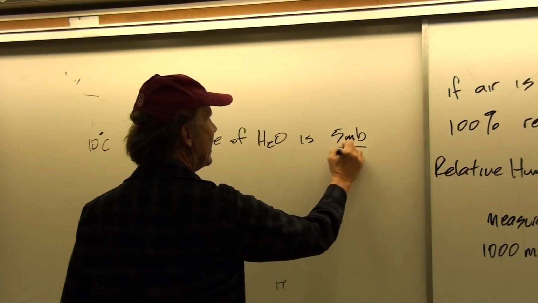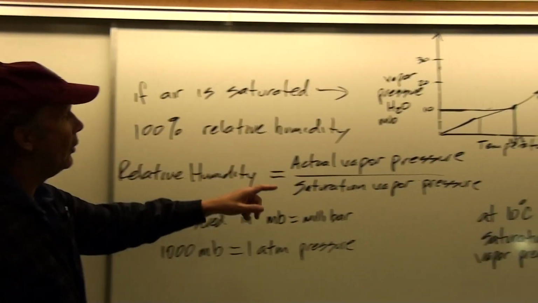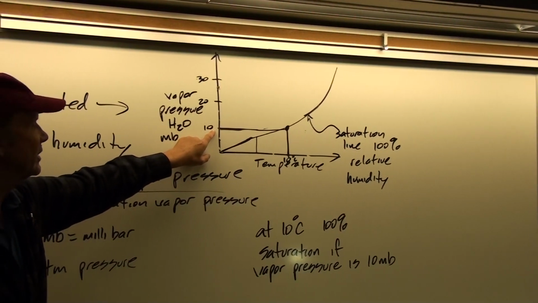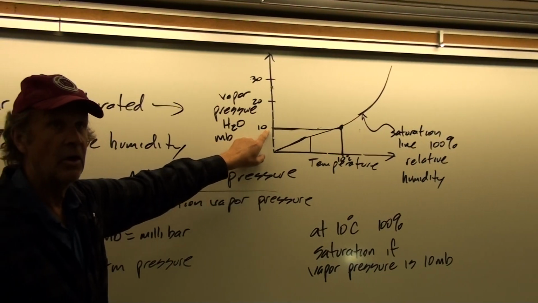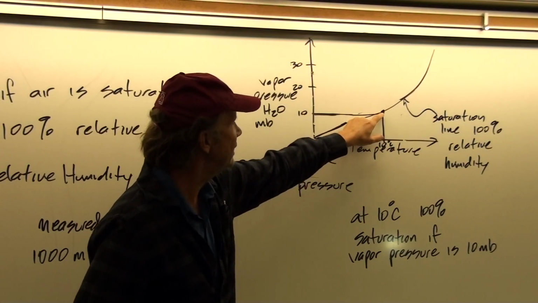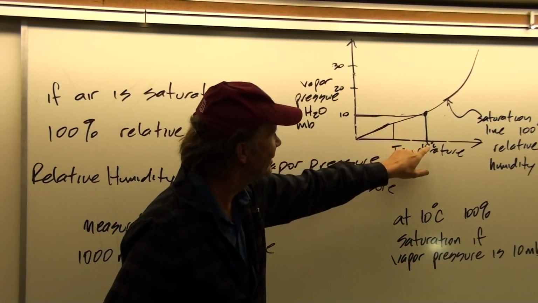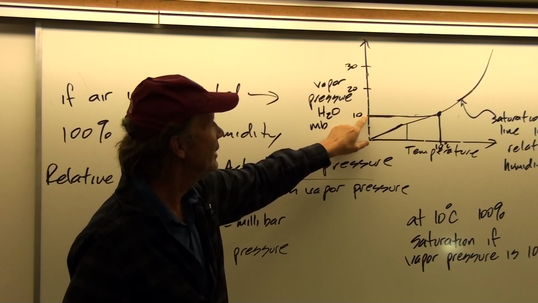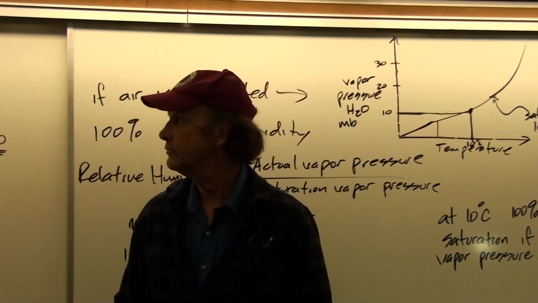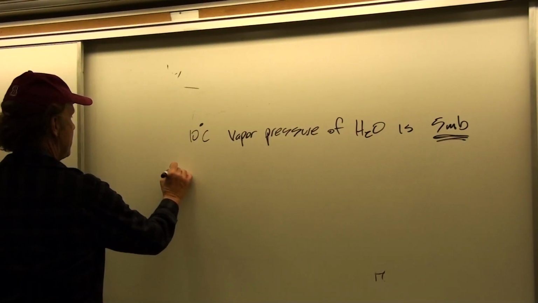So this is the actual vapor pressure, but either by being told that the saturation vapor pressure at 10 degrees centigrade is 10 millibars, or by looking it up on the chart, by just going up to 10 and then across here and finding that this corresponds to 10 millibars, the 10s here are coincidental, that's the same number, you could get it from the table. And so then you could find the relative humidity.